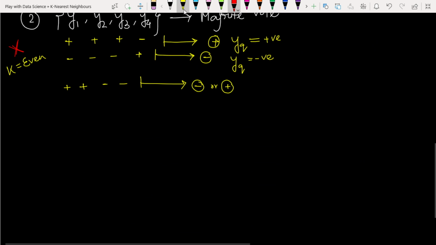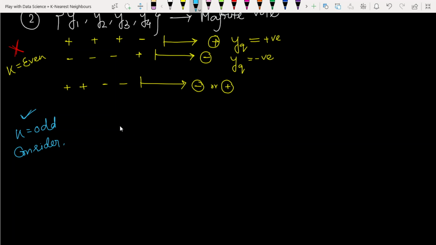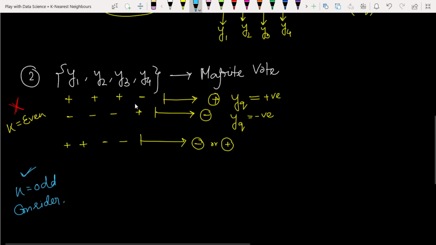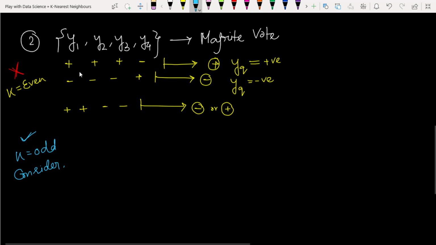So always we have taken k equal to odd. Suppose we have considered k equal to odd and we got 3.